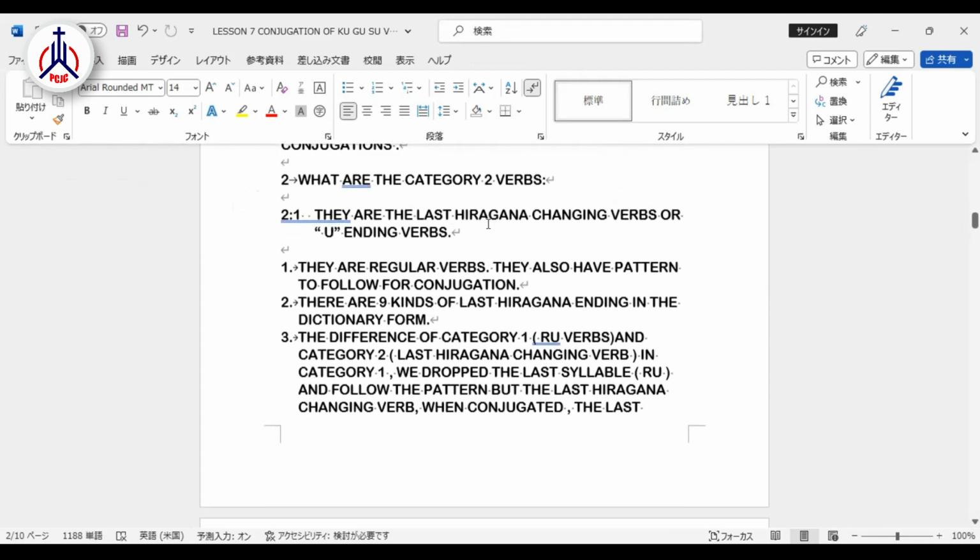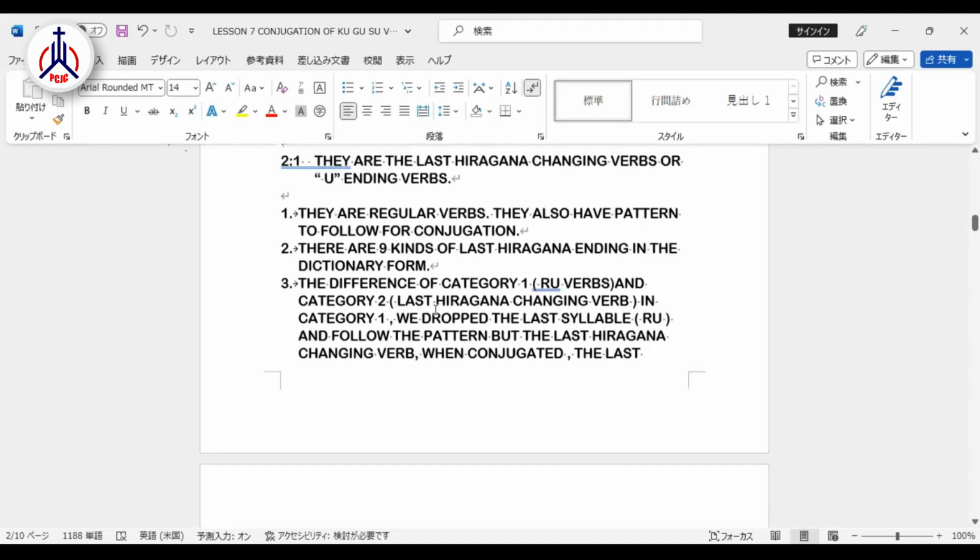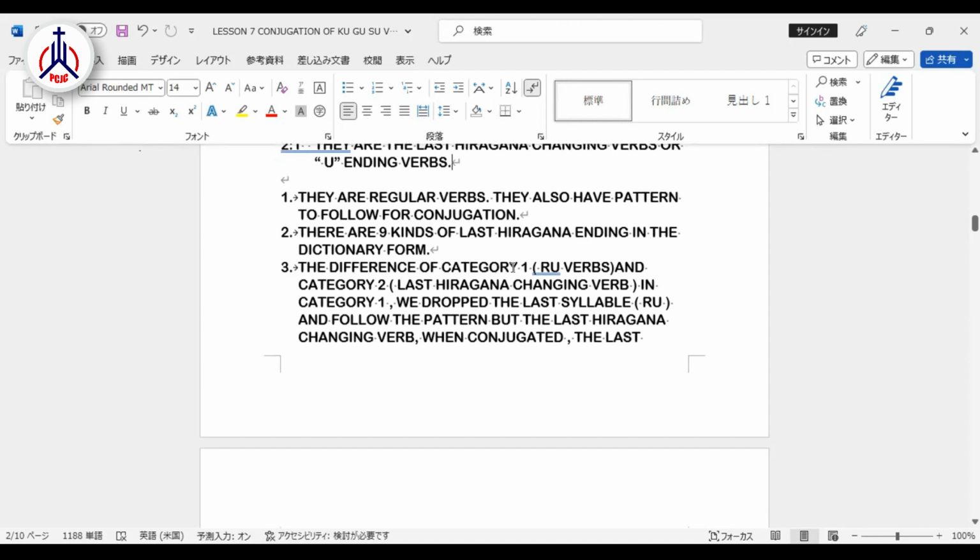They are also regular verbs and they also have a pattern to follow for conjugation, like the ru dropping verbs. And there are 9 kinds of last hiragana endings in the dictionary form. The difference between category 1, the ru verb, and category 2, the last hiragana changing verb: in category 1, we drop the last syllable ru, right?